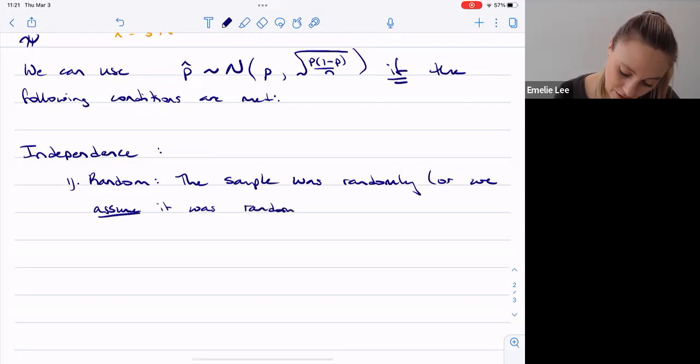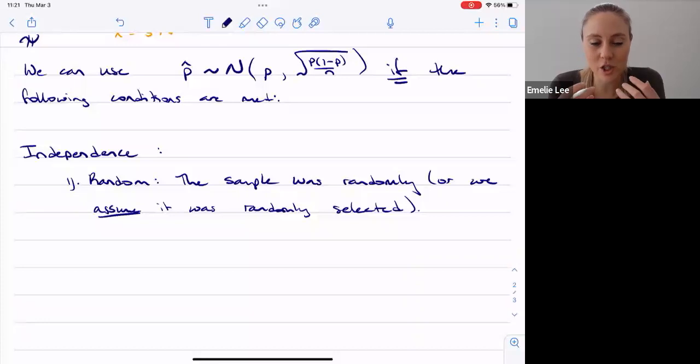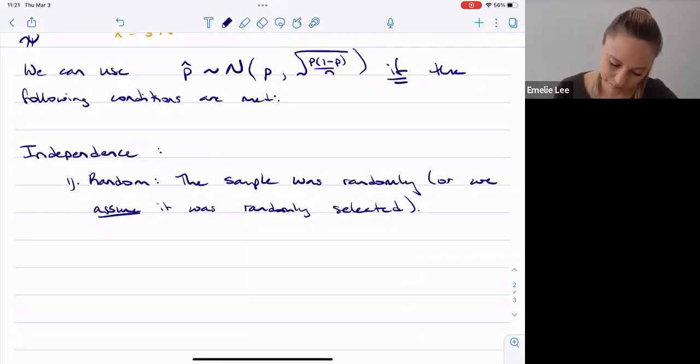That's going to happen a lot, where the question doesn't actually say that this was randomly selected, but because these are conditions that we're relying on, we're going to have to say, okay, I don't know that it was randomly selected, but I assume that it was, and so I can apply these methods.